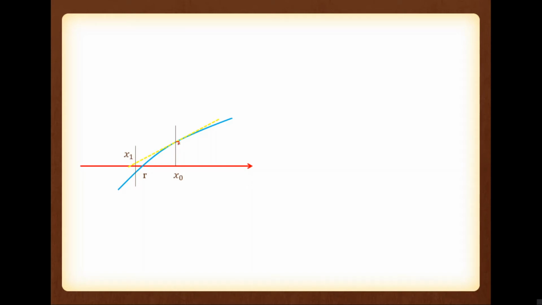My question is, what is this value? I told you this point is f of x0. If it is f of x0, then this value is also f of x0, am I correct? Because this is the x-axis.